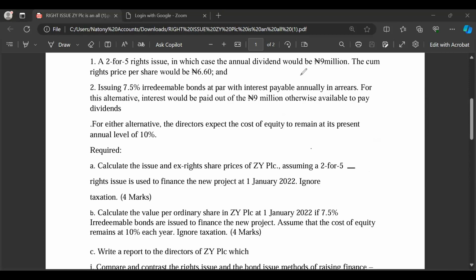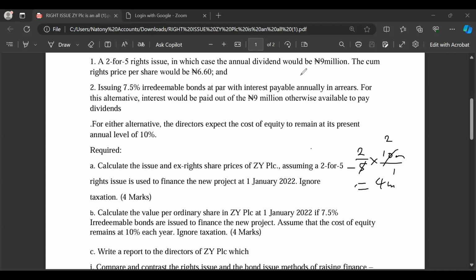The new shares that will be issued will be 2 over 5 times 10 million, that's 10 million over 1, so this is 1 and this is 2. That will give 4 million new shares. But what is your examiner asking you to calculate?